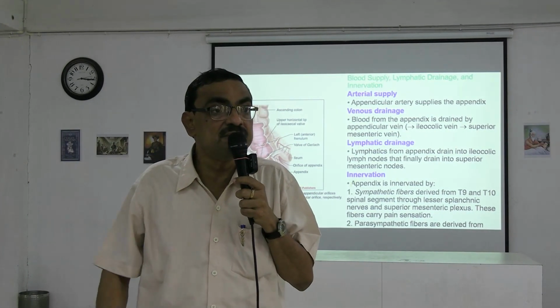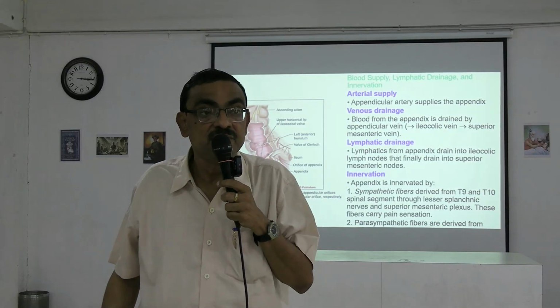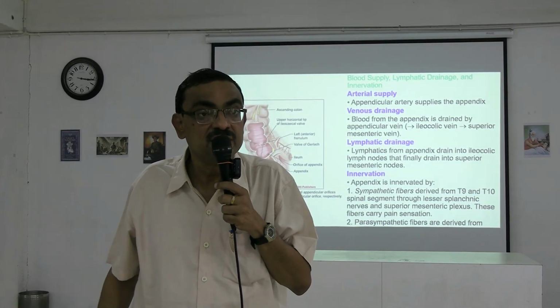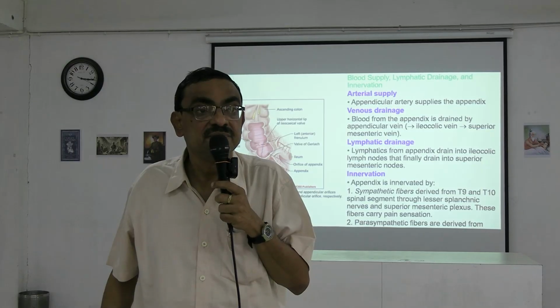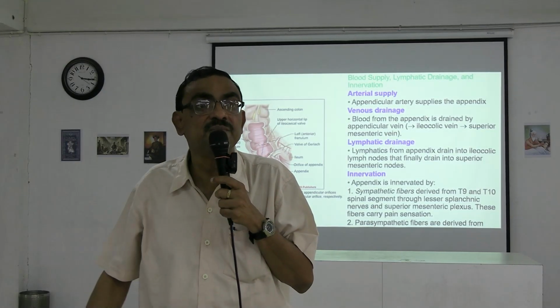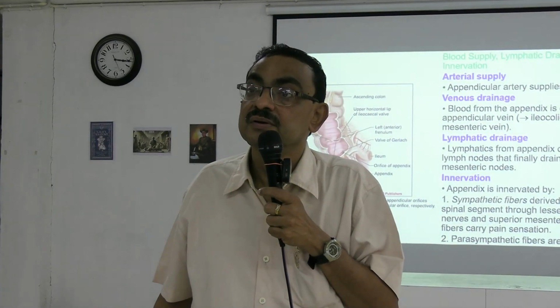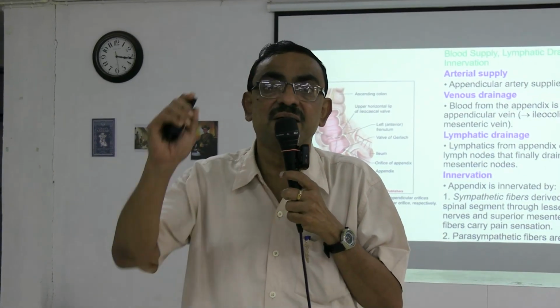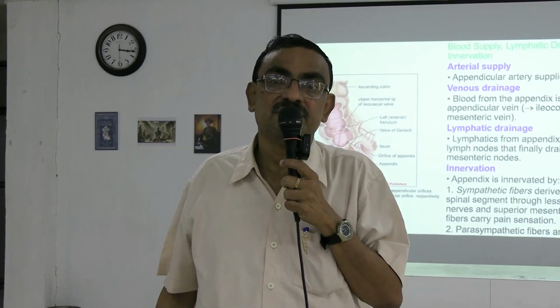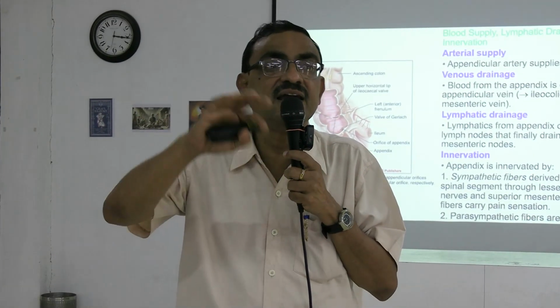At the end of the ileum, we are getting the beginning of the large gut, the cecum. So it is a diverticulum coming out from the cecum, so it is a part of the large gut. But there is some similarity and dissimilarity.